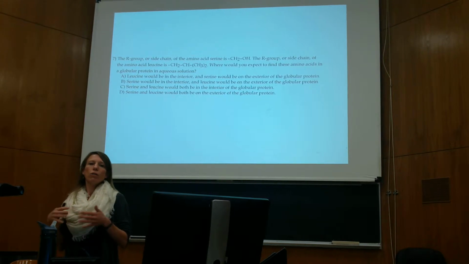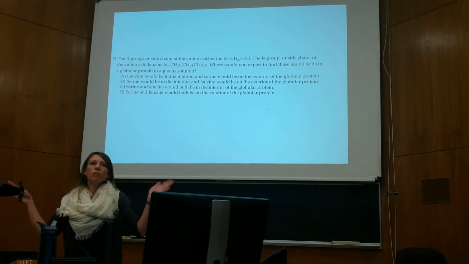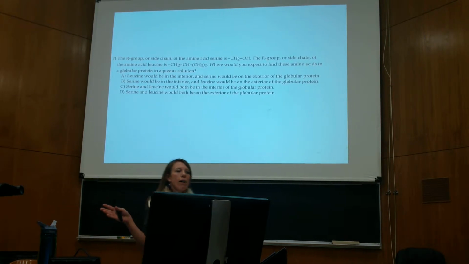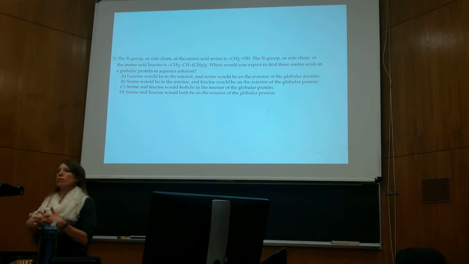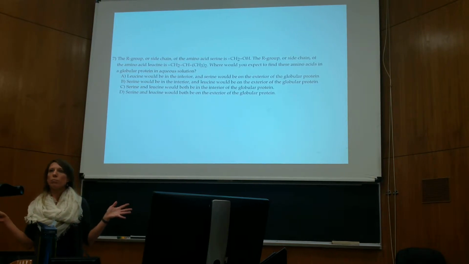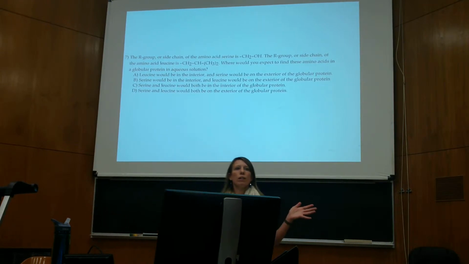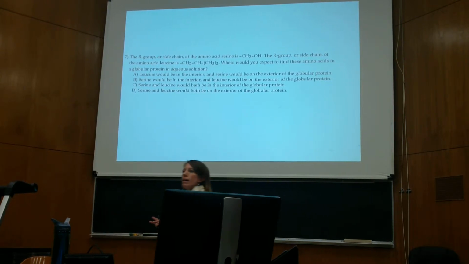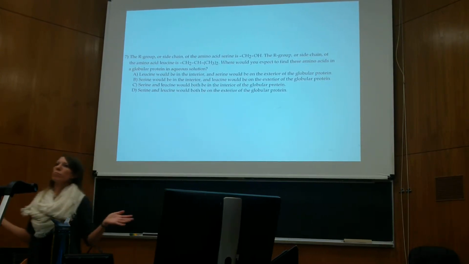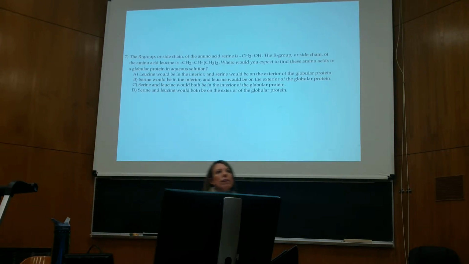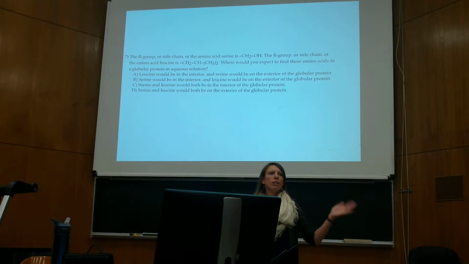In towards the center of the protein or out towards the aqueous solution of the cell? Out, right? Because water is polar. So these R groups that are polar tend to move towards the polar aqueous solution of the cell. And a non-polar R group most likely will be pushed towards the interior of that protein, as it doesn't have any attraction to water.